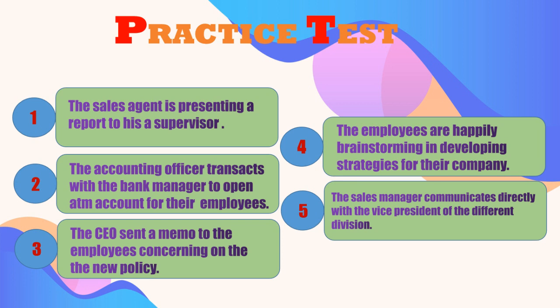So the answer is external communication flow. Third, the CEO sent a memo to the employees concerning the new policy. So we have this downward communication flow because the communication starts from the CEO, which is on the higher level, down to the employees.